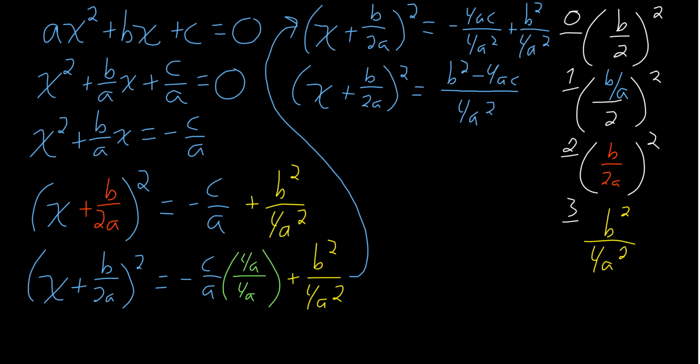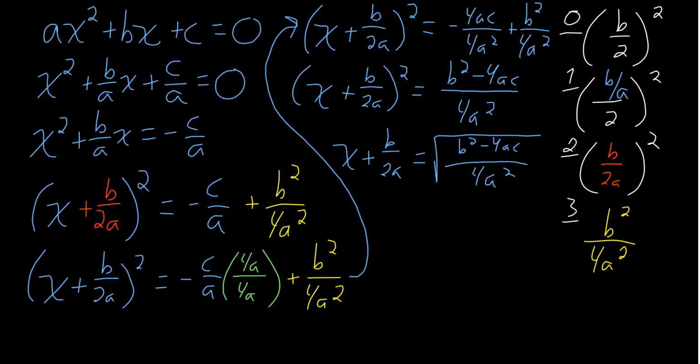Hopefully you see where this is going now. Next I'm going to take the square root of both sides, so it's going to be x plus b over 2a is equal to the square root of b squared minus 4ac all over 4a squared.